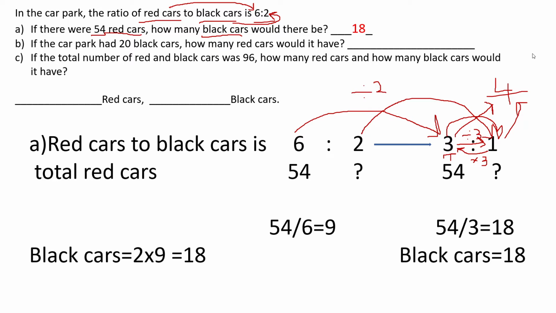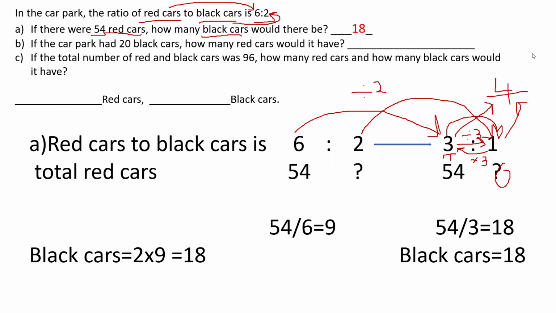So 3 divided by 3 is 1, 1 times 3 is 3. Because this is the question mark, we don't know what times 3 equals 54.